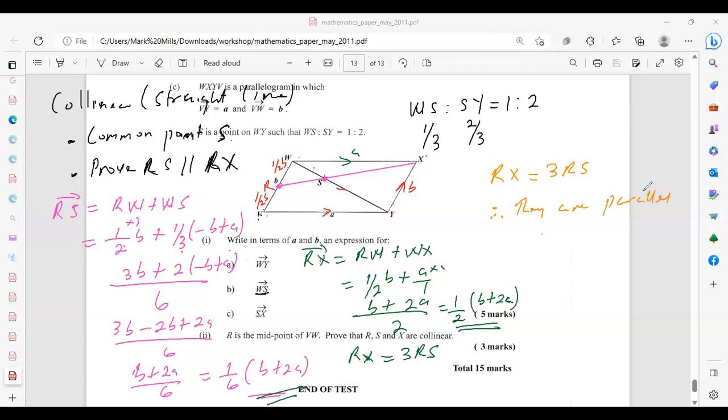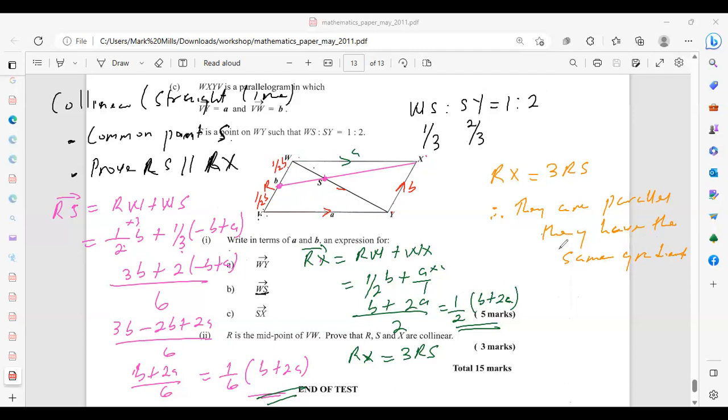Now, if they are parallel, they have the same gradient. So what am I trying to say here?